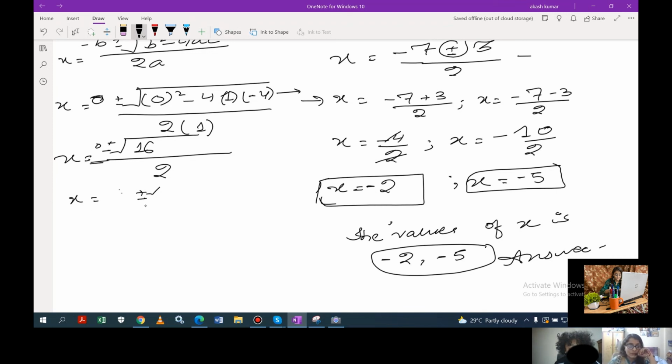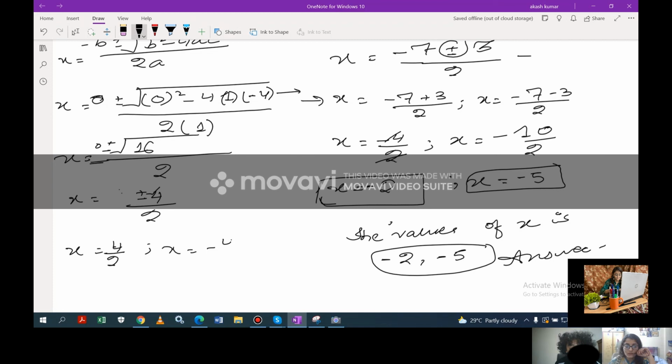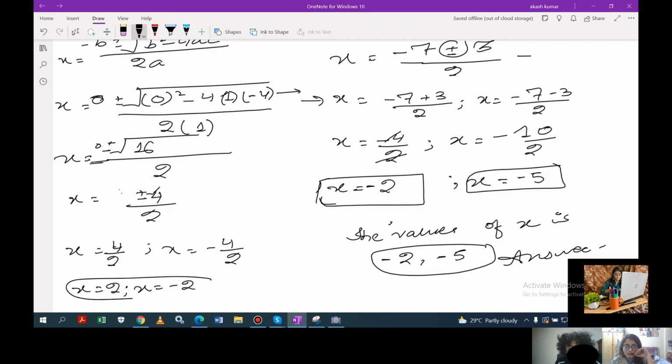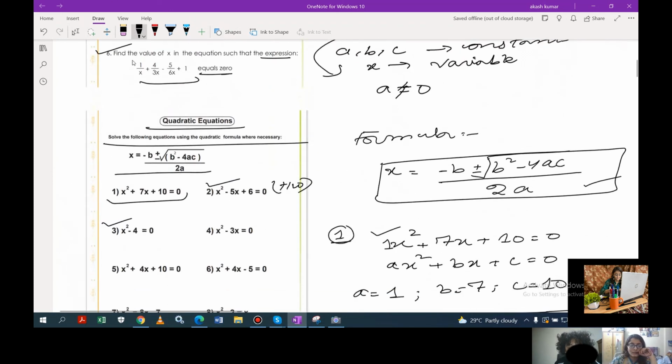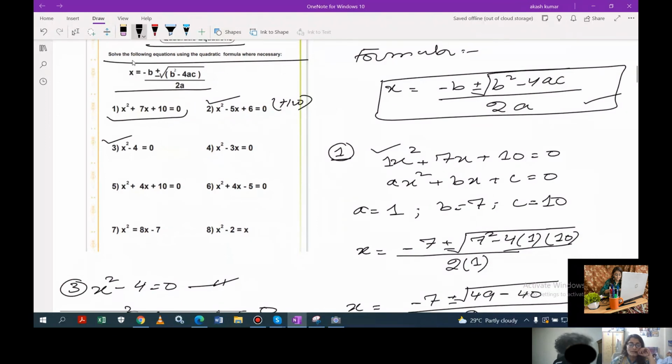Very good. So 4 divided by 2. So the value of x is 4 over 2 with a plus sign, and 4 over 2 with a negative sign. Is it clear? So the value of x is 2 and the value of x is minus 2. These both are the values to our quadratic equation. Is it clear? Okay.